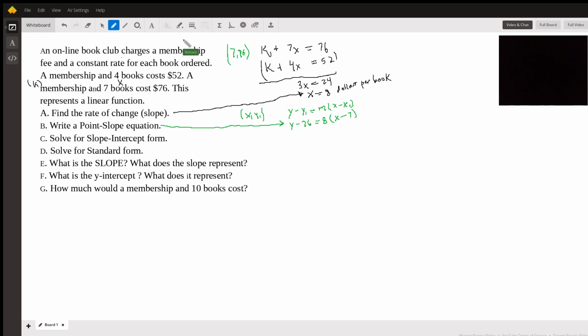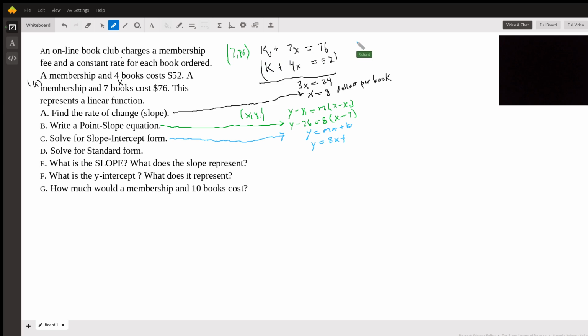Now slope intercept form, we'll change colors again. We might run out of colors by the time we're done with this problem. Slope intercept form, you all know, is the famous form y equals mx plus b. So we just say y equals 8x plus, but we don't know the intercept. So we found x, but we didn't find k. So we're going to go up here, we'll go to this top one again.